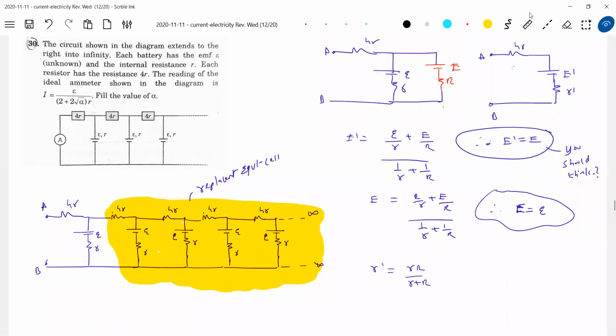Some of you are asking, sir, on what basis? Everything here we are using grouping of cells and replacing it. So shall I write R dash equal to this much? What is the total resistance R? That R should be equal to R dash plus 4R.